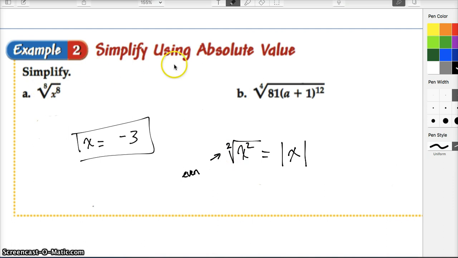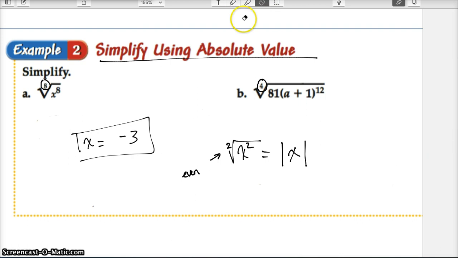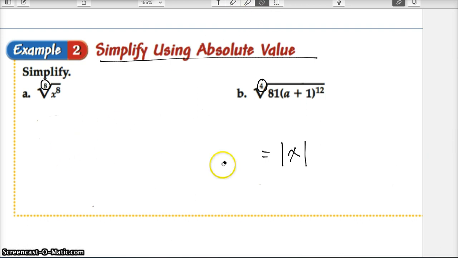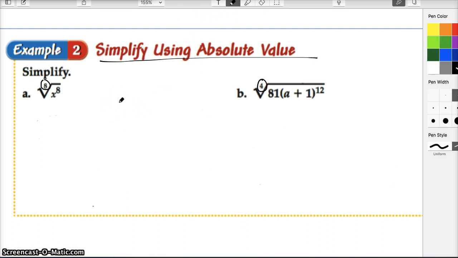So notice this example, when we talk about simplifying using absolute value, will only contain situations where these roots are even, because even roots are always going to have a positive answer. You can't really have a negative answer for an even root. Now this is different than when I say x squared is equal to 25. Therefore, x is plus or minus the square root of 25.